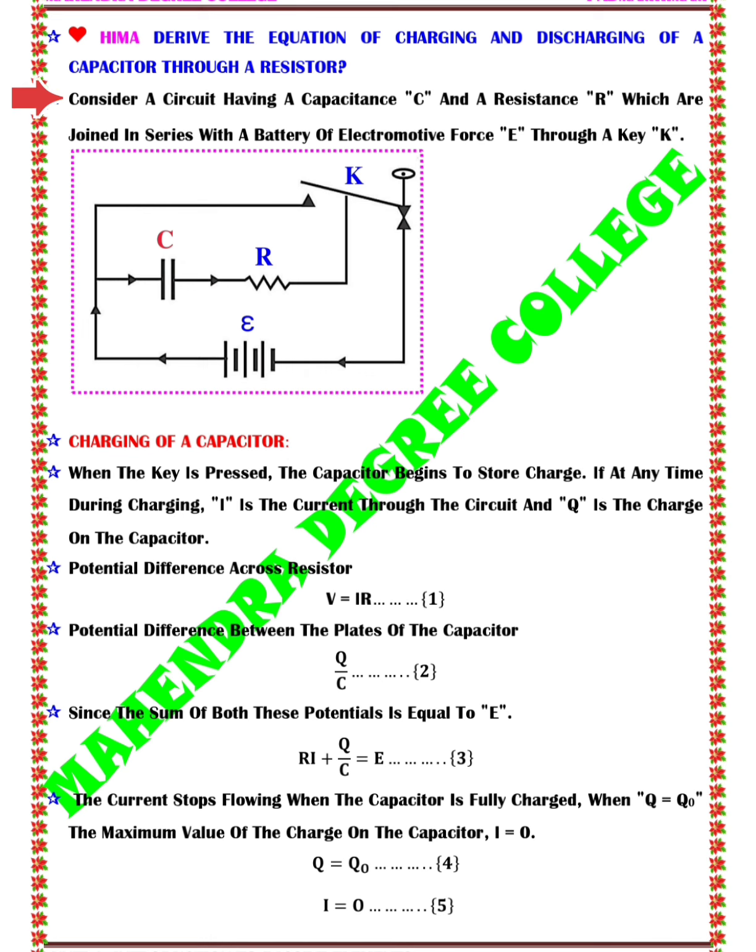Consider a circuit having a capacitance C and a resistance R, which are joined in series with a battery of electromotive force E through a key K. Simply, this is a classic RC or resistor-capacitor circuit used to study the charging and discharging of a capacitor through a resistor.